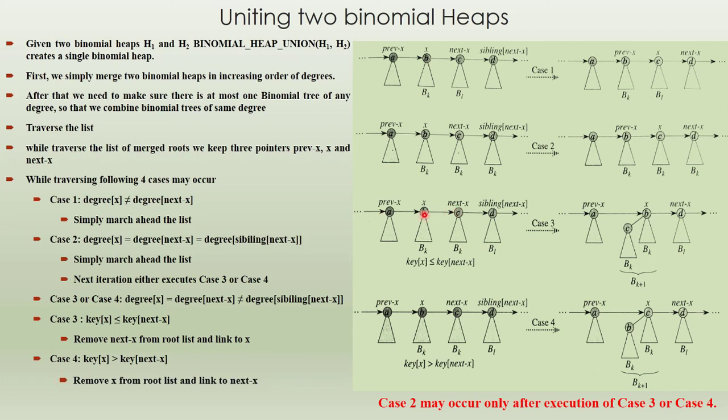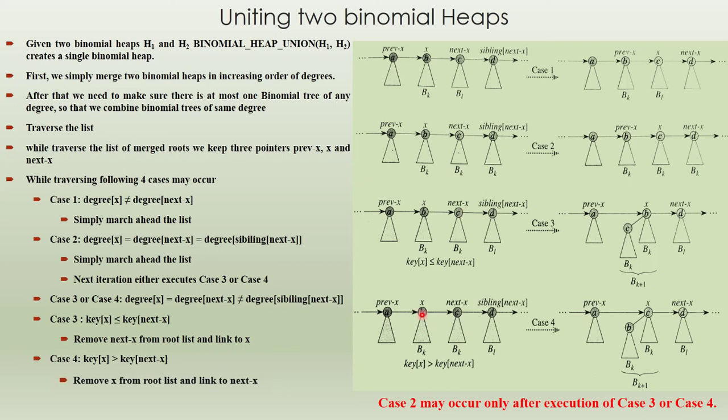We already studied binomial link procedure, but to satisfy binomial heap property, since b is less, when we combine these two trees, b must be the root of the tree. So what we do is binomial link next x comma x will be called. If you remember that link procedure, the second parameter will become the root node. So here we combine these two Bk trees to form a Bk plus 1 tree with b as the root, since the value of b is less than c, to maintain the heap property.